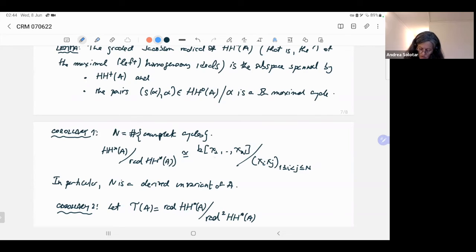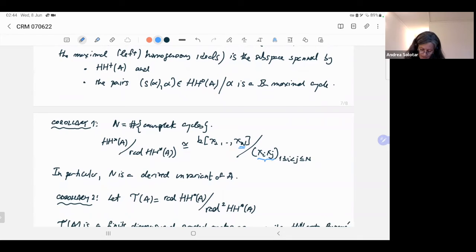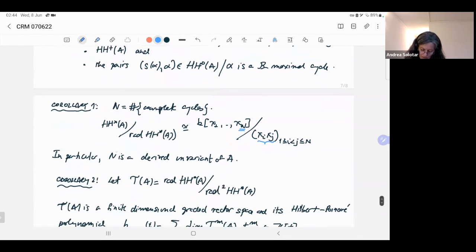It's going to be a quotient of a polynomial algebra in exactly capital N variables divided by all the products of different indices. So in particular, this number N, which counts complete cycles, is a derived invariant of the algebra. It's always useful to obtain derived invariants of the algebra that can be recovered from the quiver.